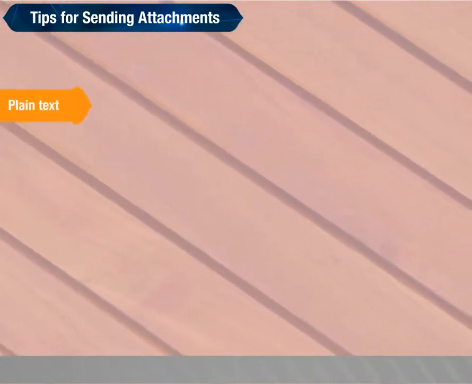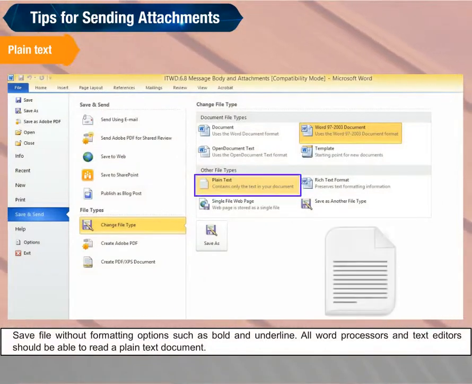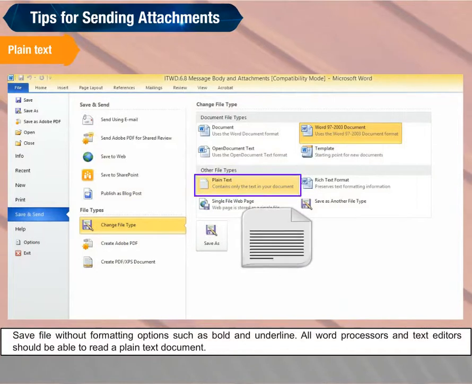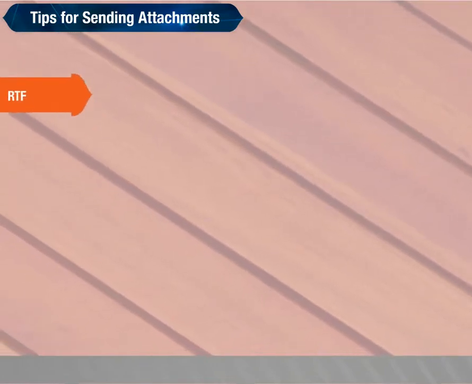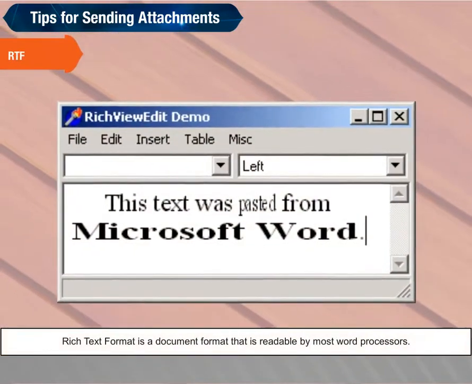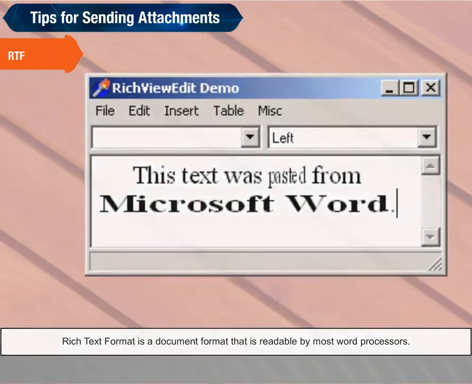Plain text: save the file without formatting options such as bold and underline. All word processors and text editors should be able to read a plain text document. RTF: Rich Text Format is a document format that is readable by most word processors.